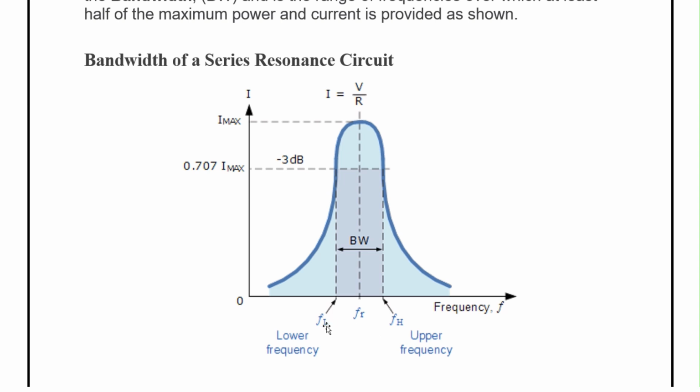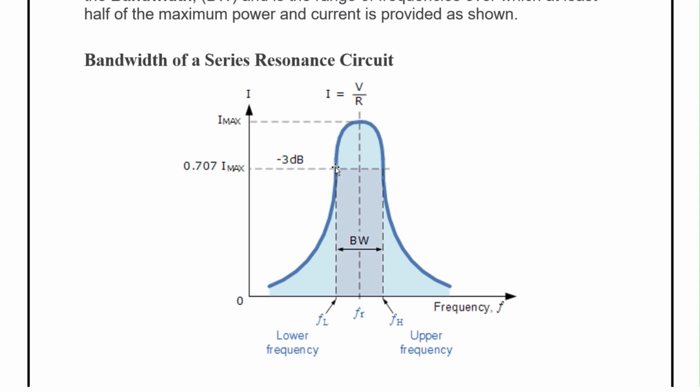FL is less than FR, and the zone between FL and FH, the lower side of the frequency and the higher side of the frequency, is called the bandwidth of the circuit. So the series resonant circuit is very much responsive between these two frequencies.